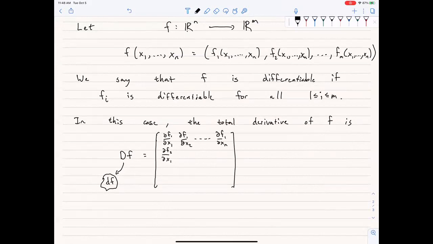Then similarly, we do the same thing with the second row, all the way down until we get to the last row, and we have m rows.